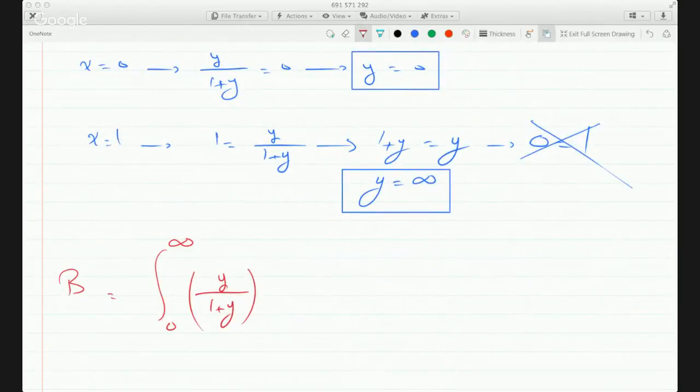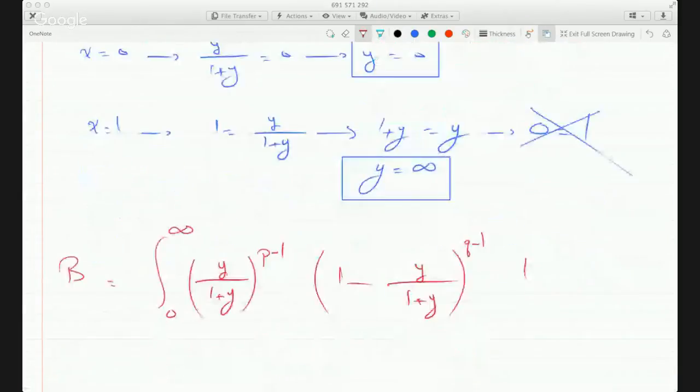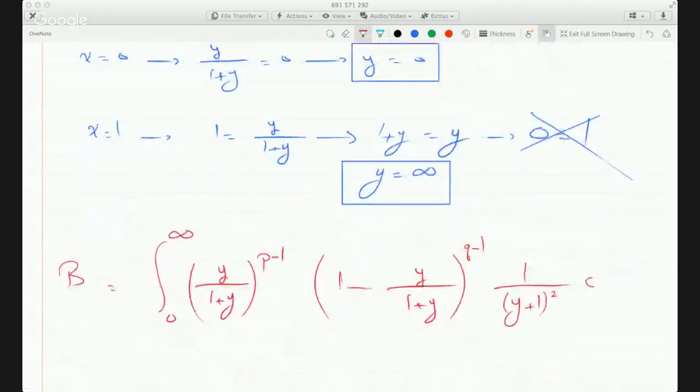So I replaced x with y over 1 plus y to the p minus 1, and 1 minus x is y over 1 plus y, to the q minus 1, and dx is just 1 over (y + 1) squared dy.